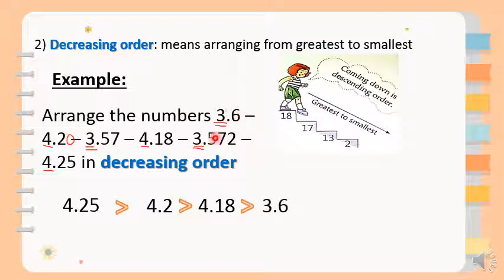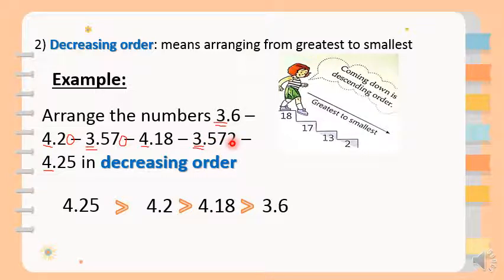Then let's compare the other two decimal numbers. Here we have 3, 3, 5, 5, 7, 7. They are the same. Then we continue to the last digit. Here we don't have any digit. Here we have 2. So to compare, I'm going to add a 0. Adding a 0 here, so I will get 3.570, and here we will get 3.572.